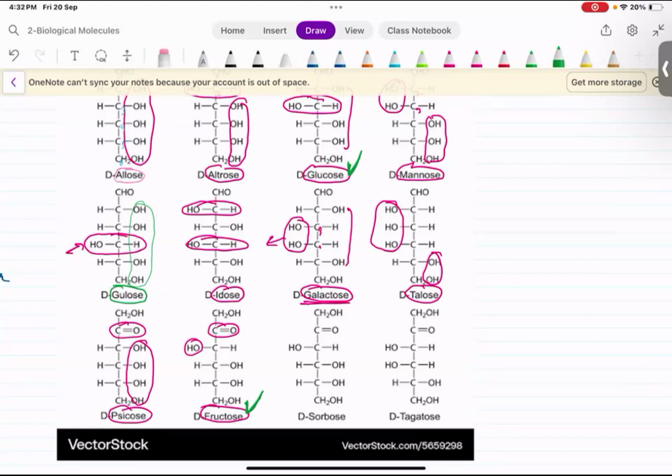So this is sorbose. Do you see this has a hydroxyl group on this carbon number 3 on this side? What is the difference, by the way, in fructose and sorbose? I don't see any difference.